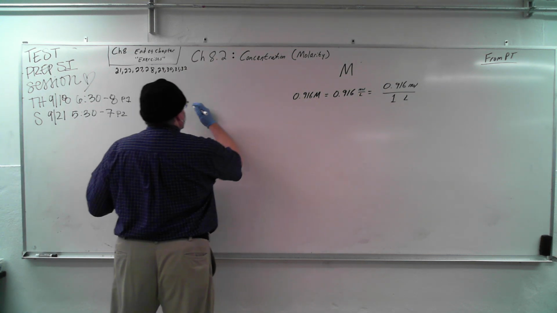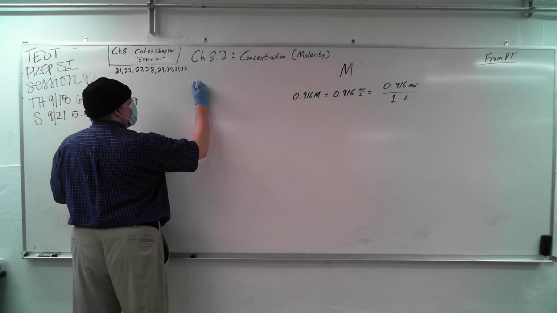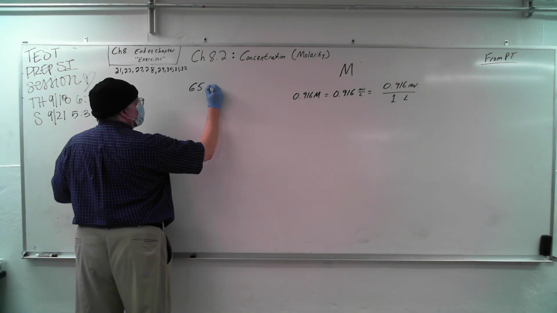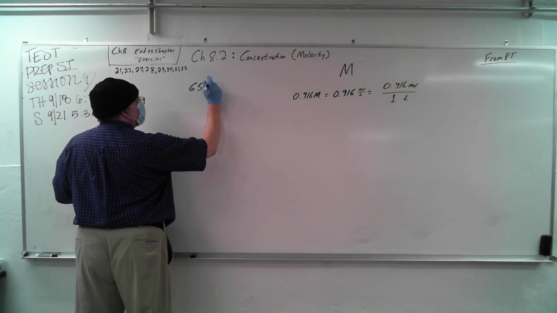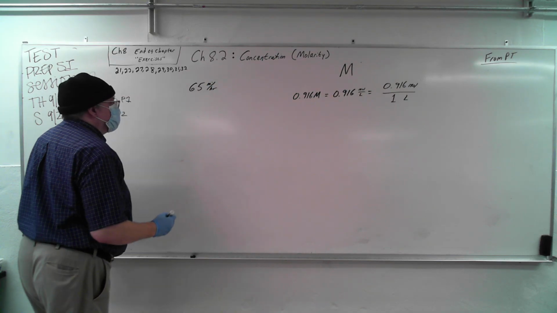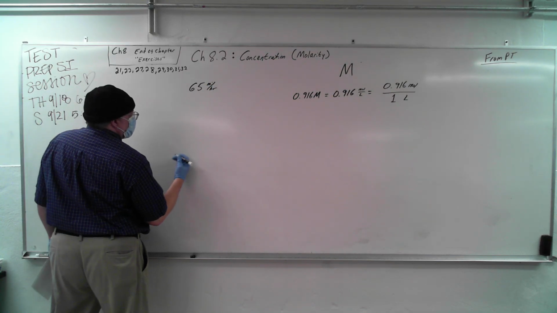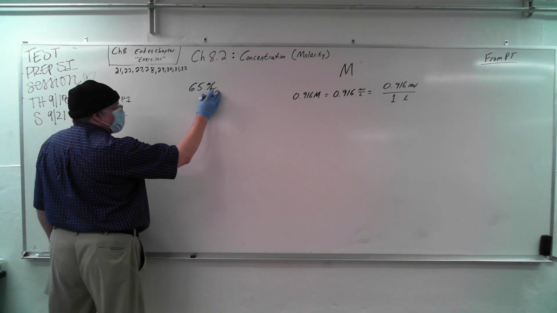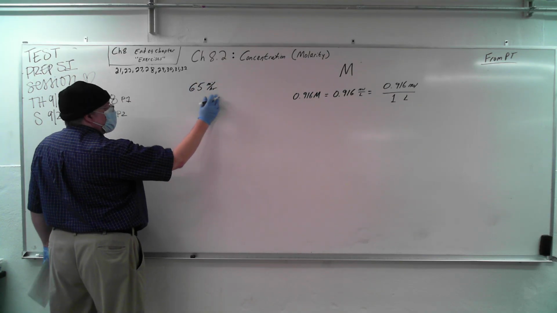I know that's confusing too, but if I traveled 65 miles per hour, and note there's no special letter like the M, which is good, it means miles per hour.